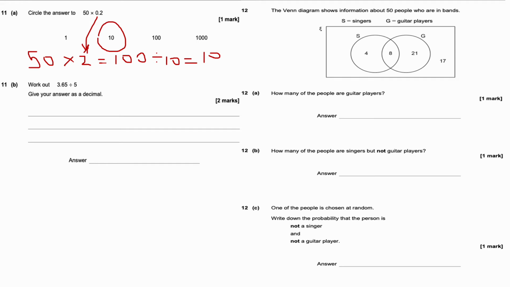Part B, work out 3.65 divided by 4. Give your answer as a decimal.